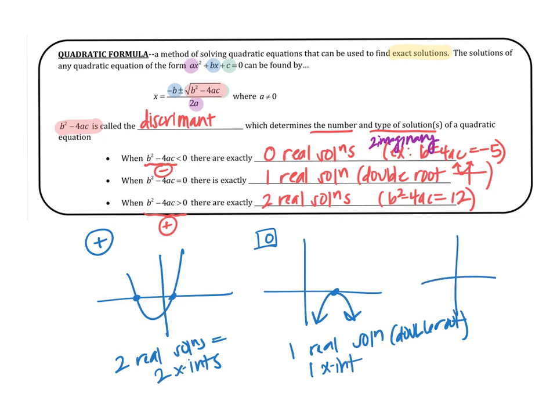If I have a negative discriminant, that means I have 0 real solutions, meaning I have 0 x-intercepts. If the discriminant is positive, there's going to be 2 real solutions.